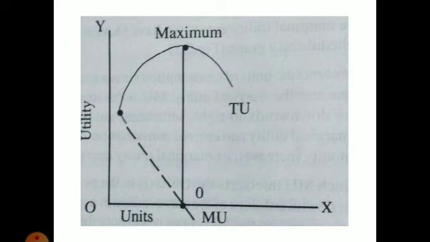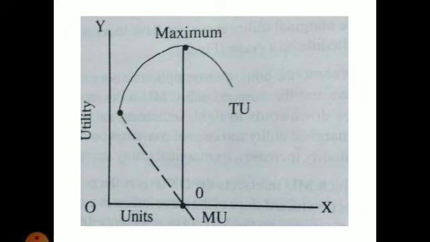In this graph, you see that the MU curve, that is the marginal utility curve, goes on diminishing throughout. It reaches zero and then it becomes negative. That is the marginal utility curve.